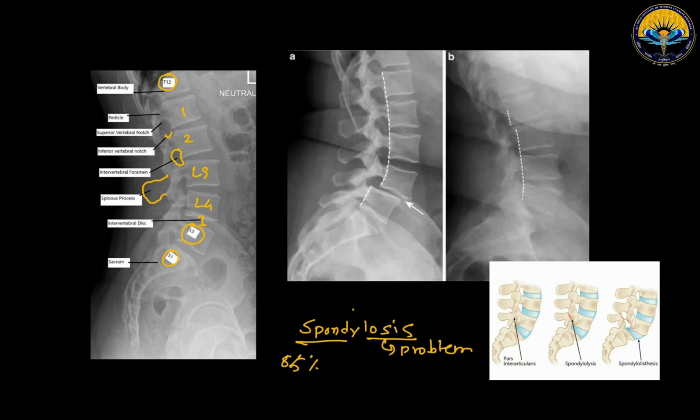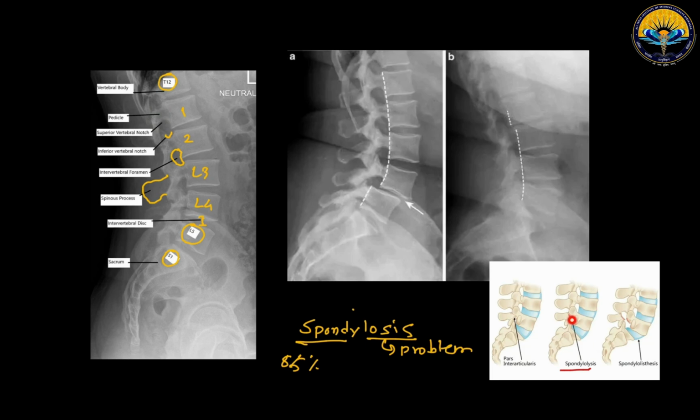So look over here, this is the pars interarticularis, and we know that the pars interarticularis is the weakest portion of the vertebra, and because of this, in spondylolysis a stress fracture develops through the pars interarticularis.